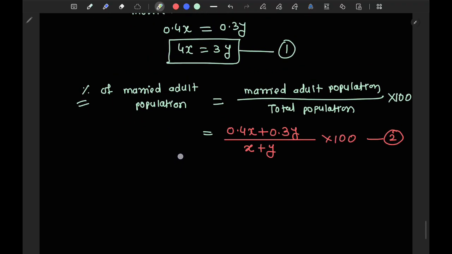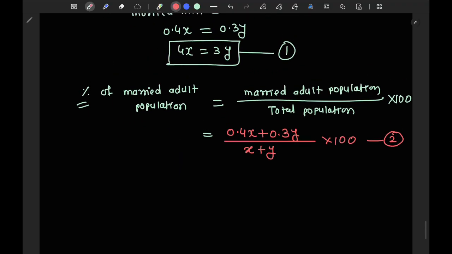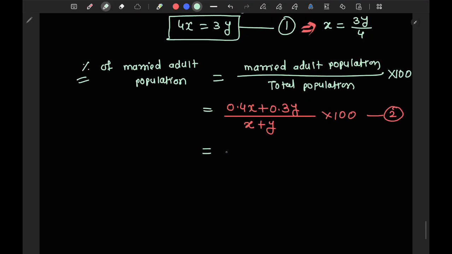So let's put in the value of x. From this equation, x will be equal to 3y divided by 4.